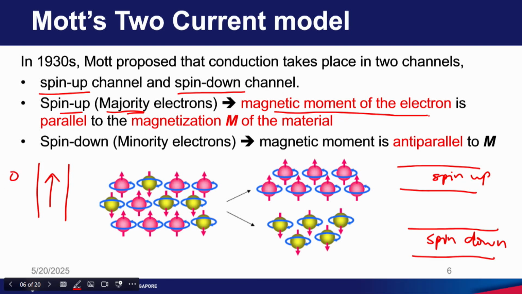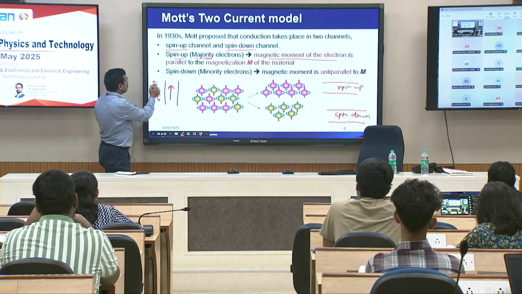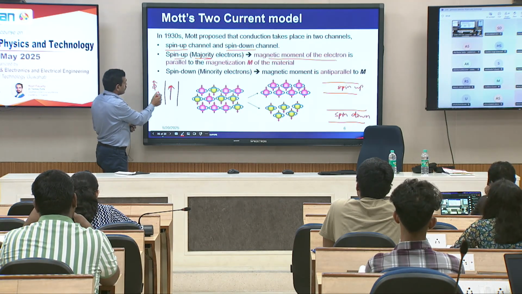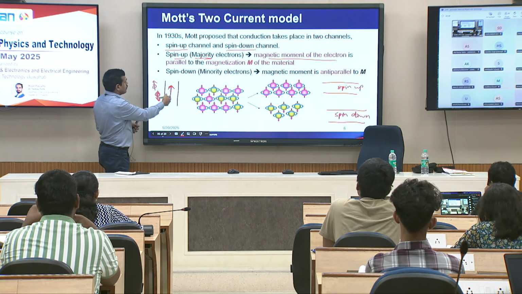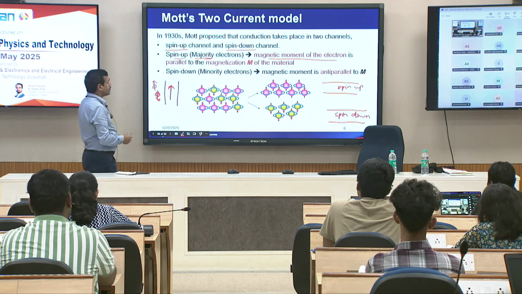You have spin up electron, spin down electron. Here I am naturally saying spin up, spin down, because I already have in mind that this is parallel to this. The magnetic moment of this particular electron is parallel to this, so we call it spin up electron, and the magnetic moment of this electron is anti-parallel to this, so we call it spin down or minority electron.